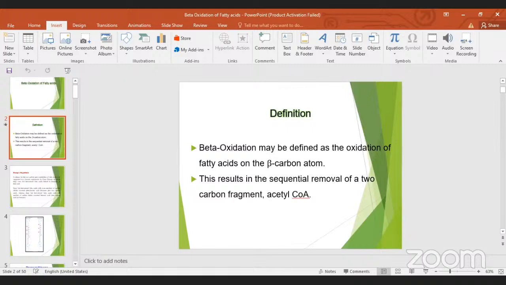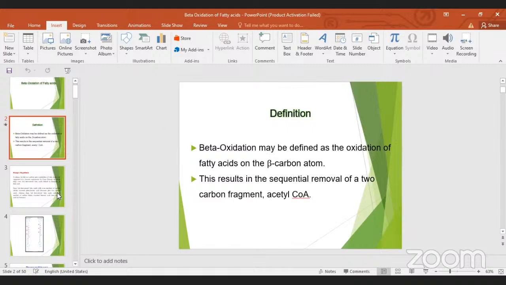What is beta oxidation? Beta oxidation takes place in mitochondria. You can observe this reaction in the mitochondria. It involves sequential removal of two carbon units in the form of acyl coenzyme A molecules from the carboxylic end of the fatty acid.